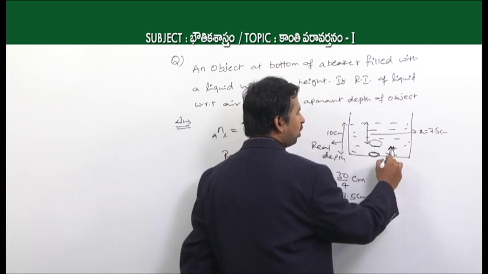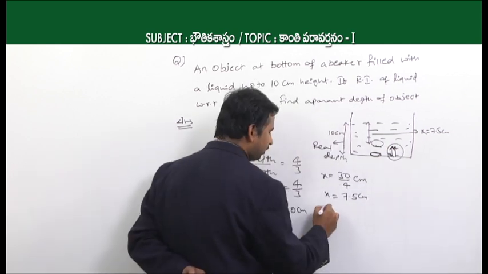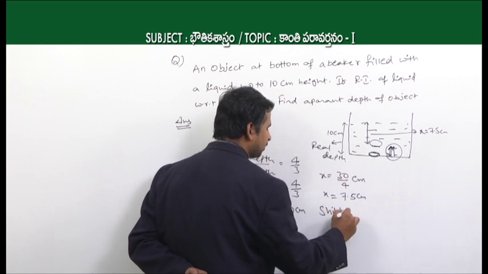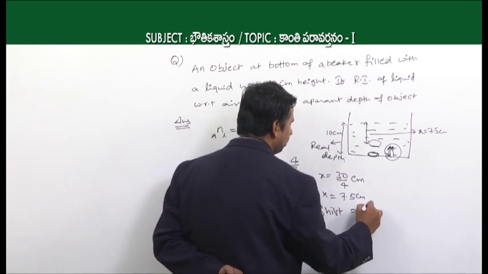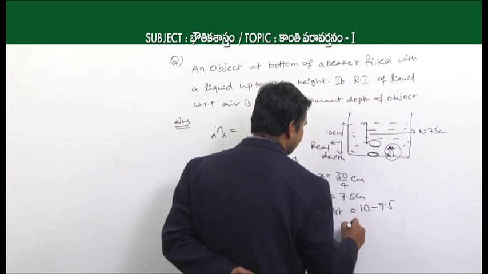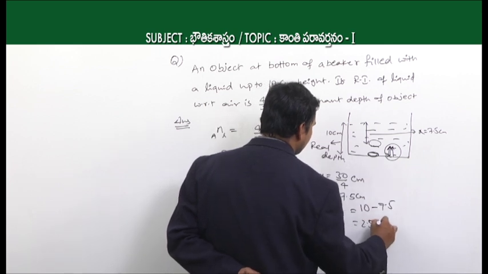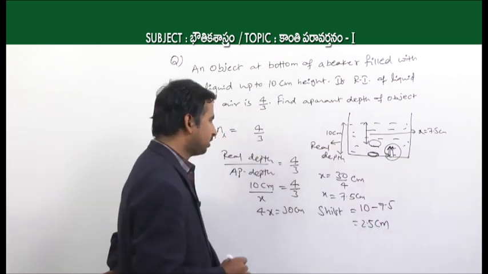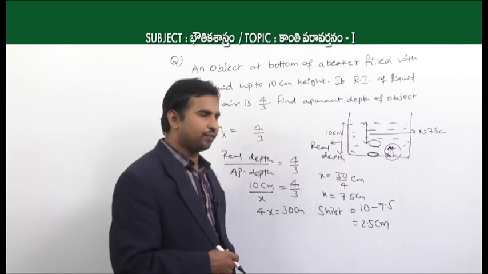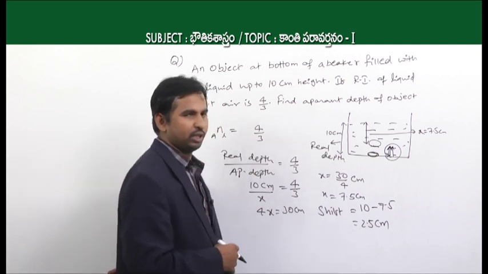So how much is the vertical shift we have? The shift in the position, or displacement, is equal to 10 minus 7.5, which is 2.5 centimeters.